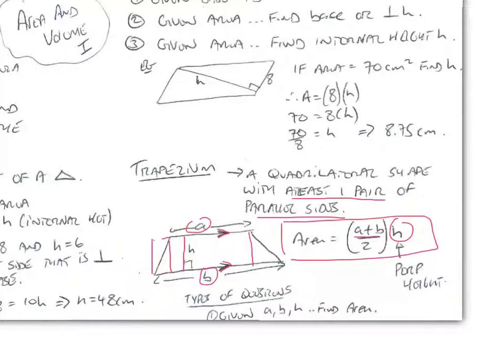The types of questions you're given with these are: you're given A, B and h and you find the area, or you're given the area and A and B and you find h, or you find one of the other unknowns.